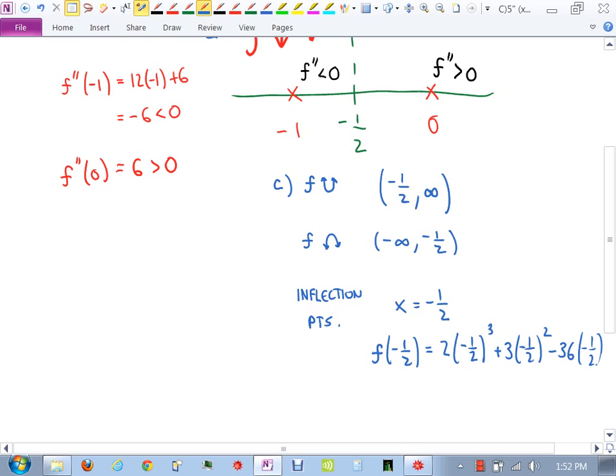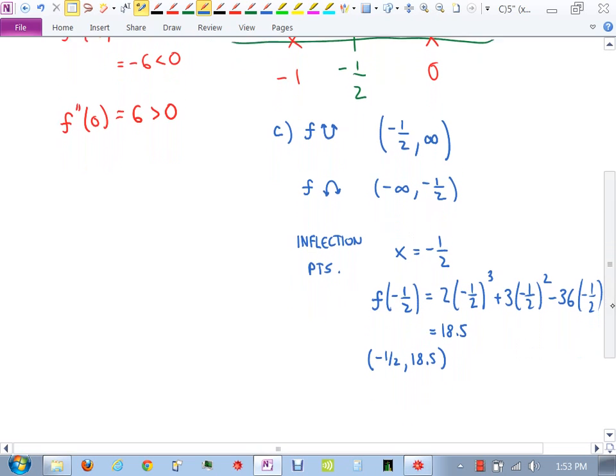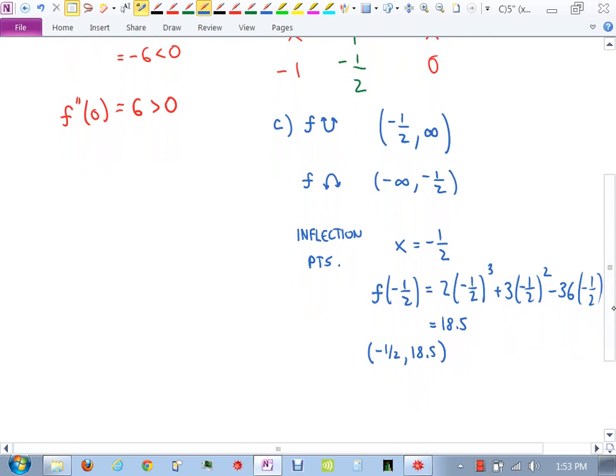That's what I got too. So that means as a point, it's -1/2, 18.5. You could put -0.5.